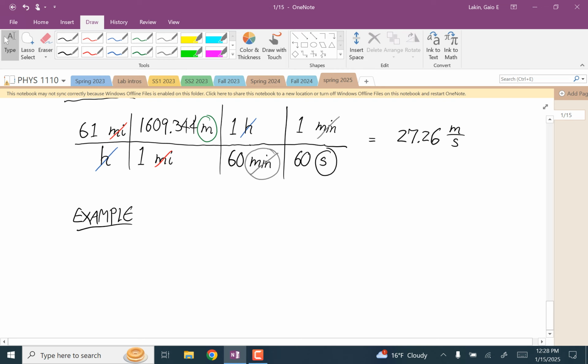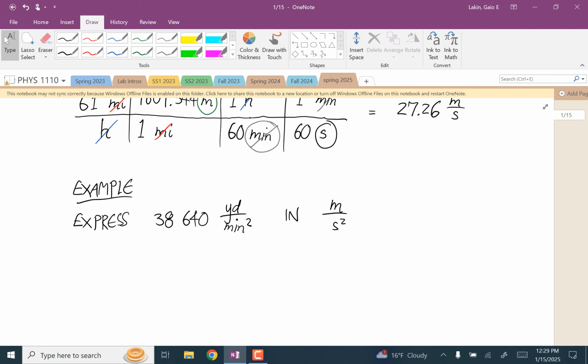So let's say that we want to express 38,640 yards per minute squared in units of meters per second squared.